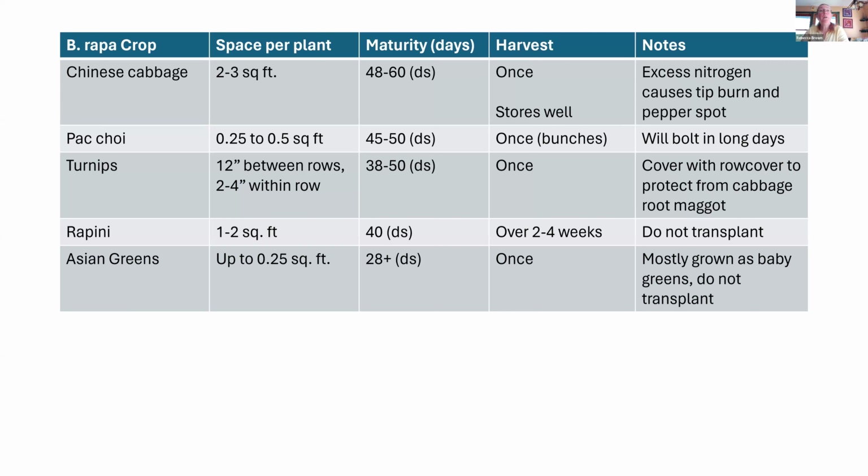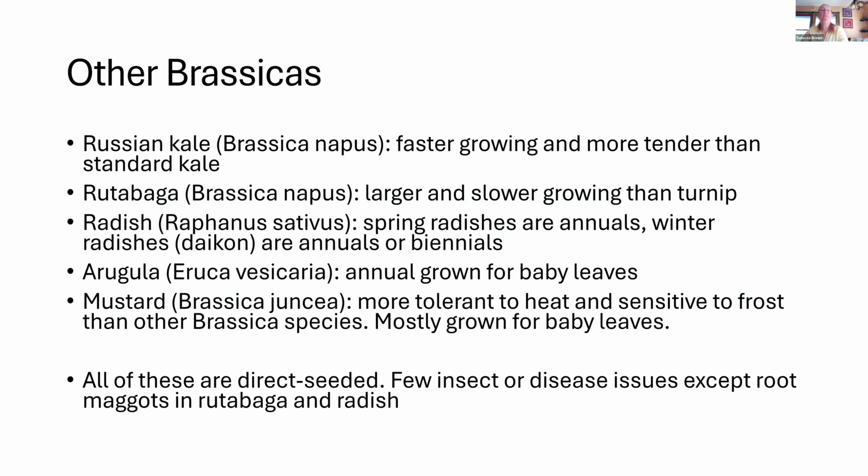Okay. Moving on, we have a couple of other brassica species that only have one or a few vegetables in them, so no tables. One thing to note is Russian kale or Siberian kale. You will find this sold together with the Brassica oleracea kale in the seed catalogs.